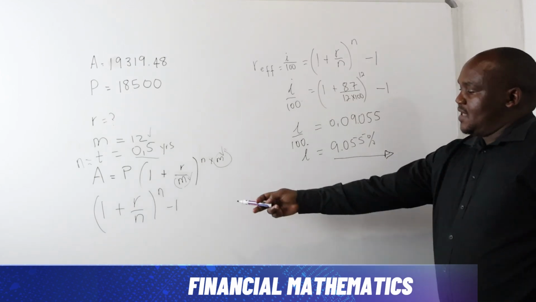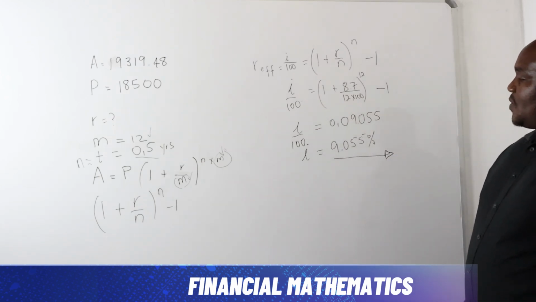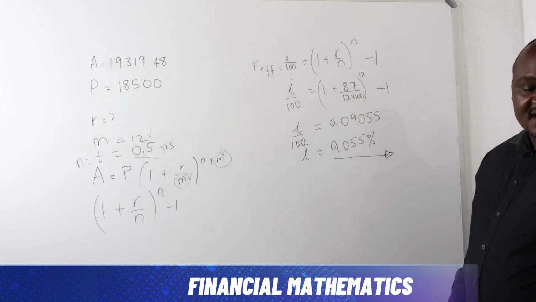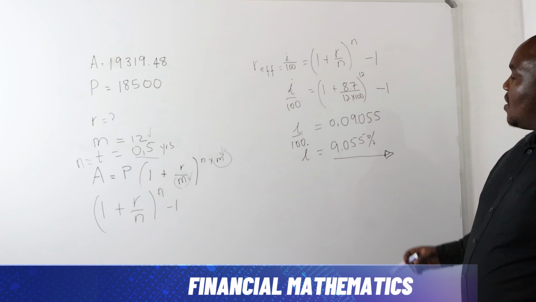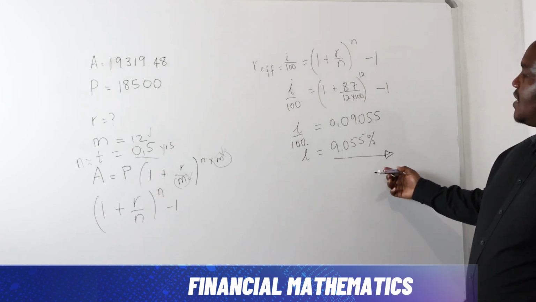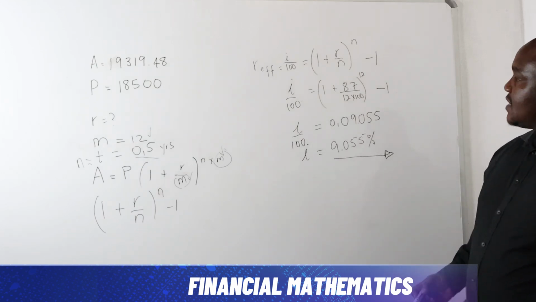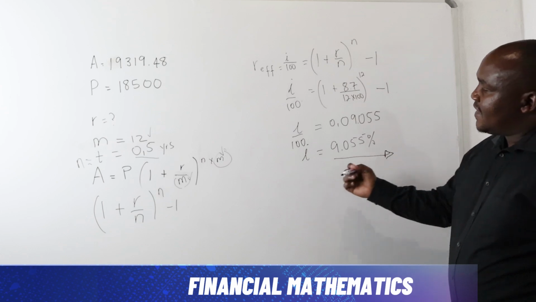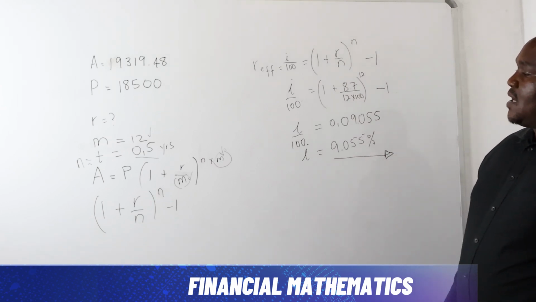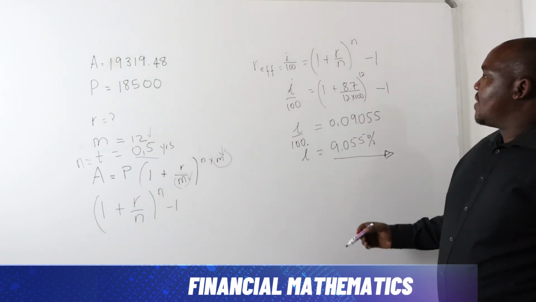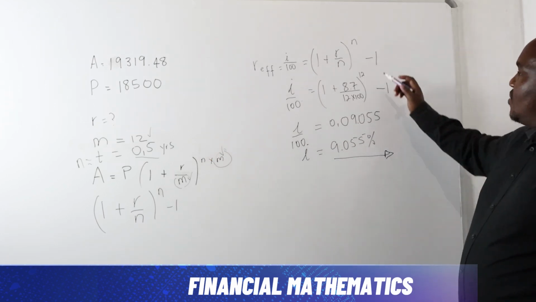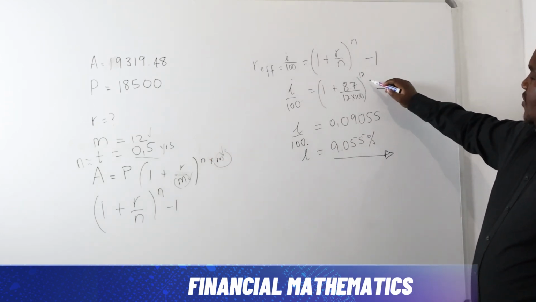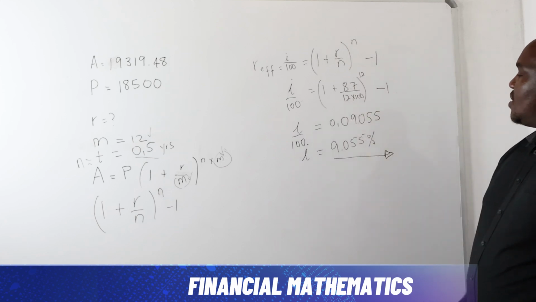And yes, remember this formula as well. I don't think it's given in your exam, but just remember this formula. Also remember, when you are calculating the effective interest rate, you use the entire term, meaning for a year, when it compounds monthly, you use 12. That's why I use 12 here. That's why I also use 12 here.